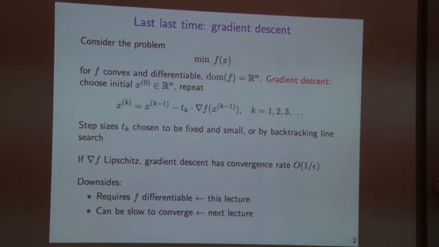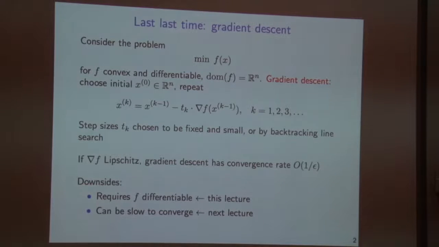The steps, remember, were just to repeatedly take steps in the direction of the negative gradient. So you make some initial guess, x0, and then you iterate by finding the gradient at xk minus 1, and then moving a small step in the direction of the negative gradient. And these step sizes were chosen to be either fixed and small, or by backtracking line search. Those are two strategies that we learned.